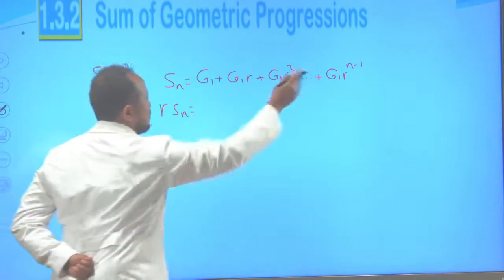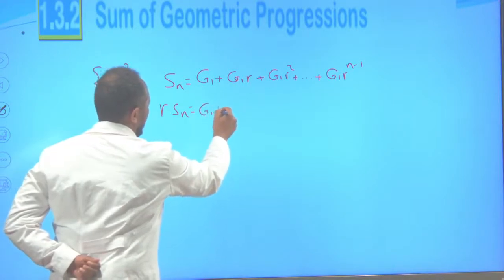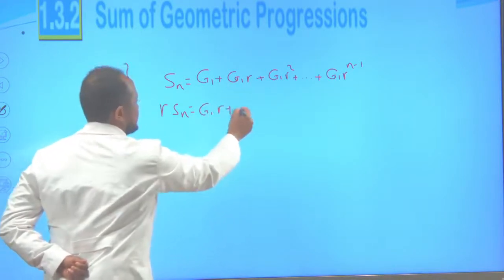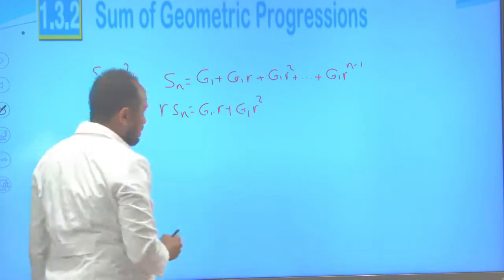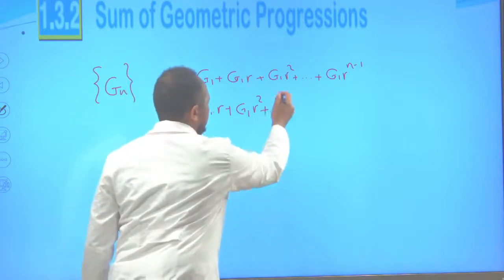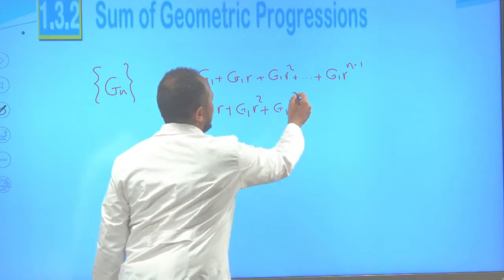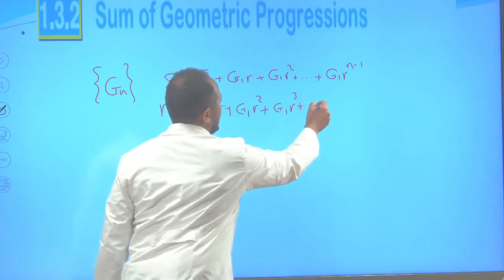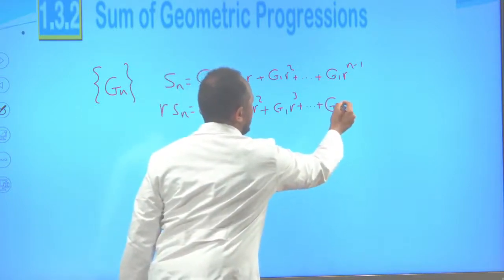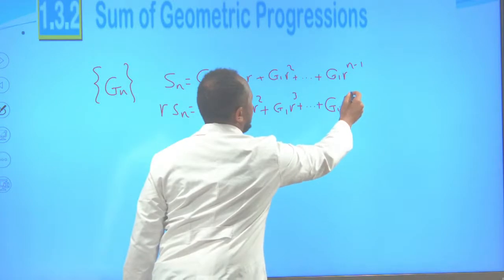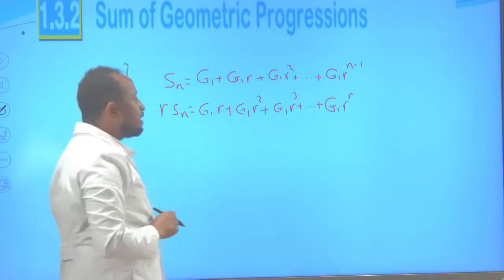You multiply the whole part by r, so you have g1 times r, plus g1 times r squared, plus g1 times r cubed, plus the last term, g1 times r to the power of n minus 1 times r, which is r to the power of n.